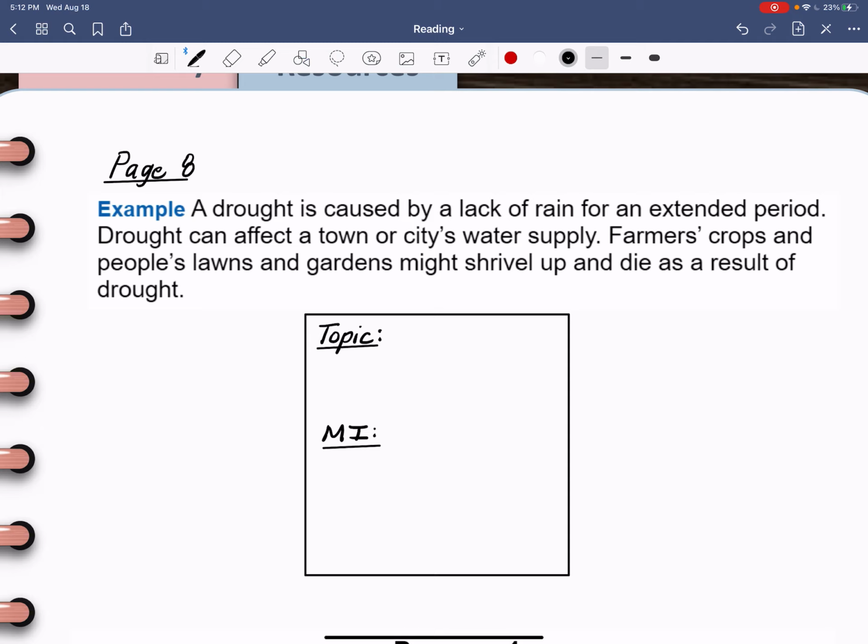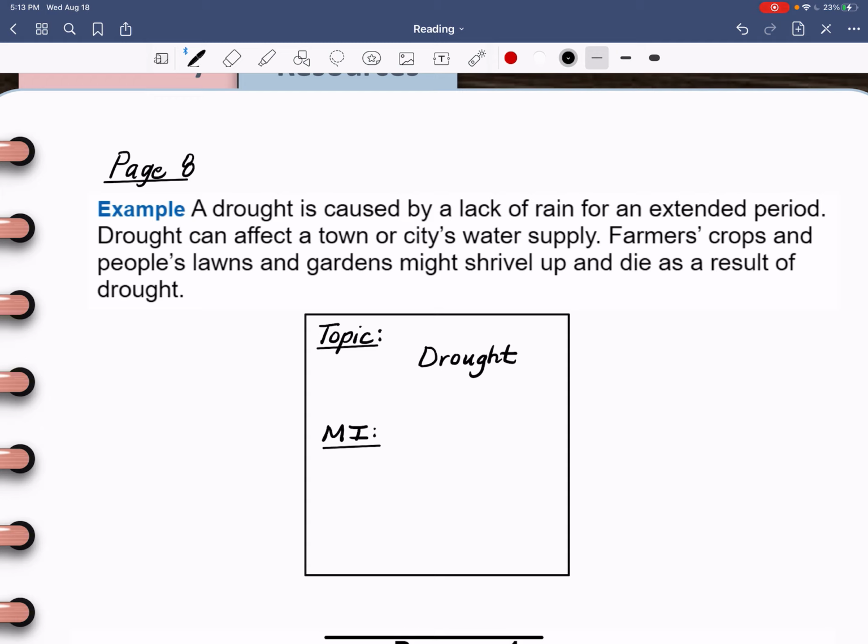Well, the word that comes up over and over in this paragraph is drought. So that's going to be my topic, at least part of my topic. But this is too broad. Again, we need to tell what it is about the drought that this paragraph is addressing.